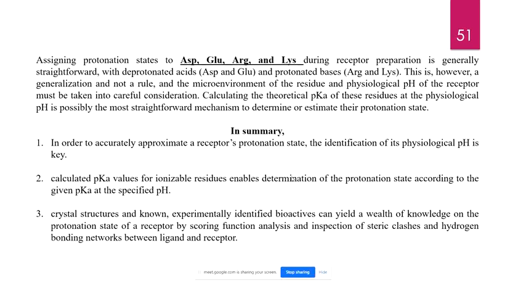It also depends upon the physiological pH and the pKa of all these residues. That is why the correct protonation state is highly required. It is a must-have technique that you can easily find out.